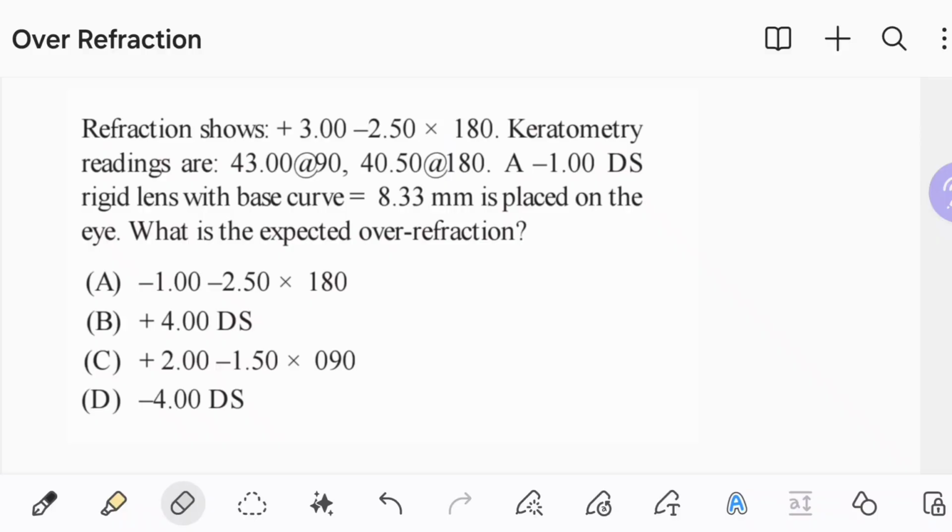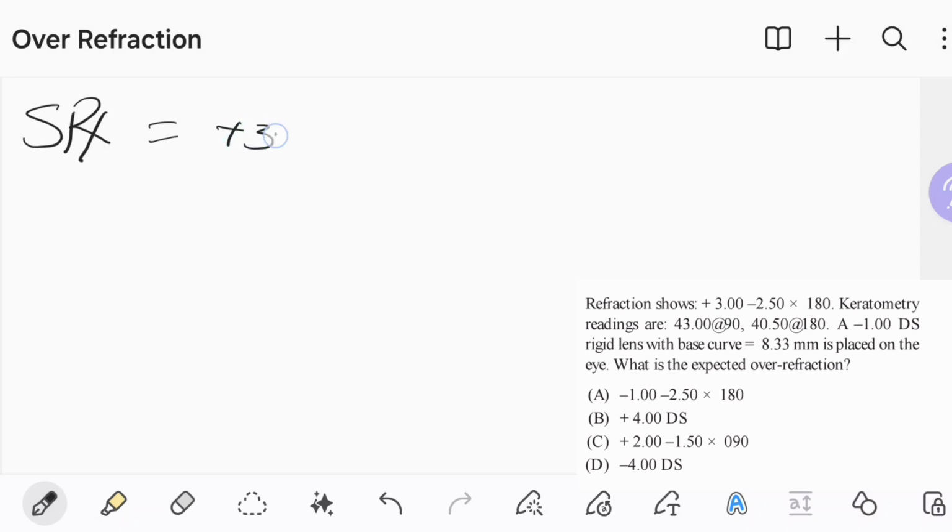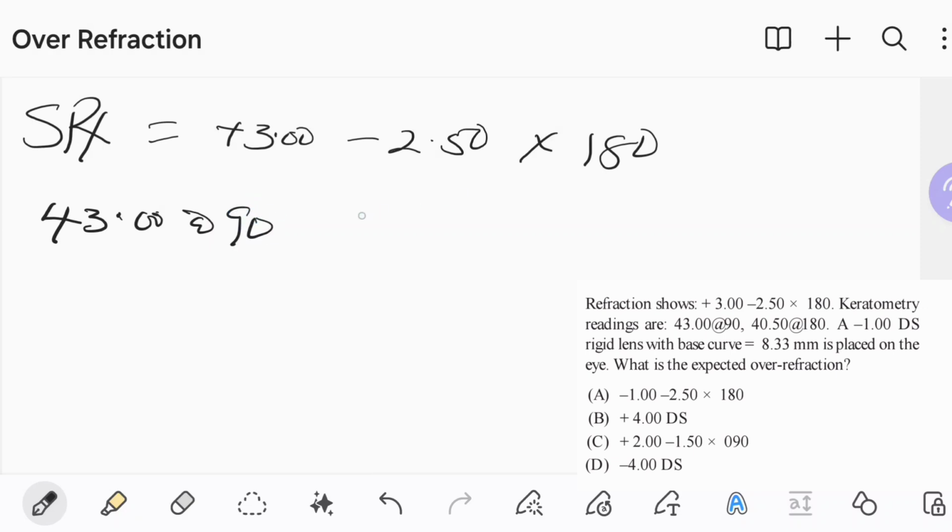All right, so in this question, we are given our prescription to be plus 3.00 minus 2.50, axis 180, and we are given our keratometry readings of 43.00 at the 90 meridian and 40.50 at the 180 meridian.